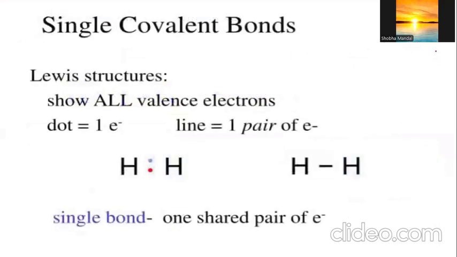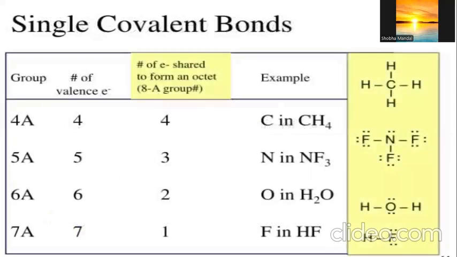Let's look at some other examples. Just like hydrogen formed a single bond by sharing one pair of electrons, there are some other examples here. Firstly, let's see the example of methane, CH4. Here carbon has 4 valence electrons and is sharing one each with 4 hydrogen atoms.